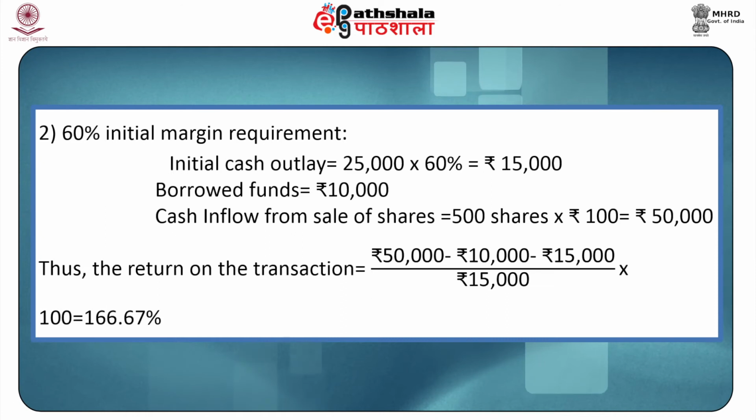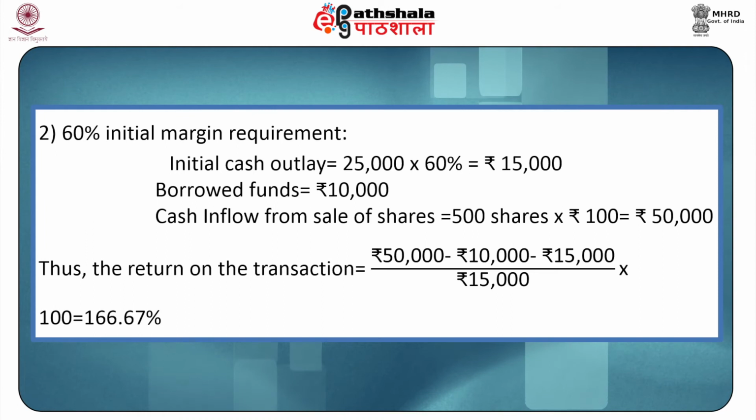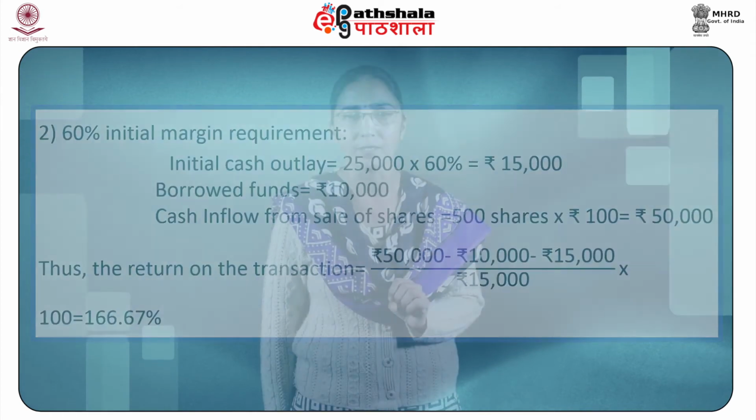Thus, the return on transactions would be equal to rupees 50,000 minus rupees 10,000 minus rupees 15,000 multiplied by 100, which would be equal to 166.67%. As shown in this illustration, the investor was able to magnify his returns by buying stock on margin.